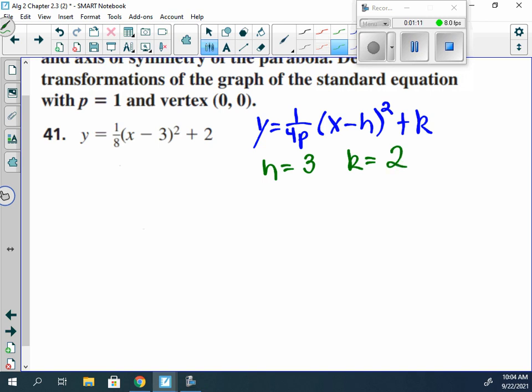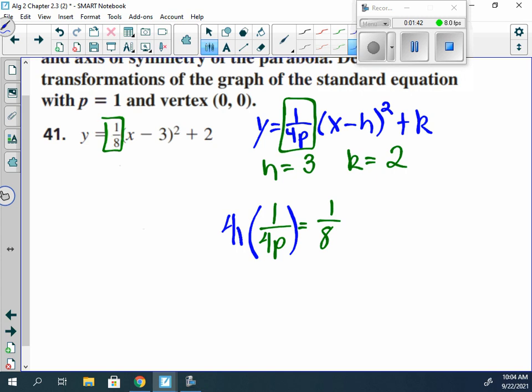Now, the only thing we're missing is P, because once we get P, we will have everything we need for the vertex, focus, directrix, and axis of symmetry. Now, kind of like what we dealt with the other day, what is lining up with the 1 over 4P? So if I want to solve for P, I can say that 1 over 4P is equal to 1 over 8. What can we do first?